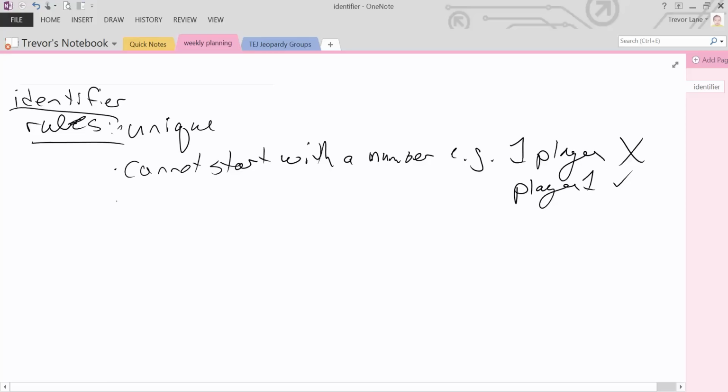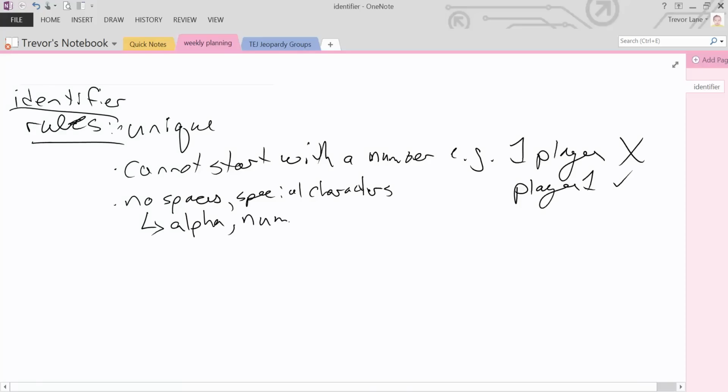The next thing is that no spaces are allowed. You can never have spaces in any way, shape, or form. You also cannot have special characters. However, the following items are allowed. Alpha, so that means A through Z, both capital and lowercase.